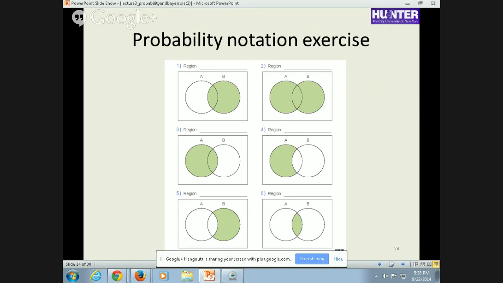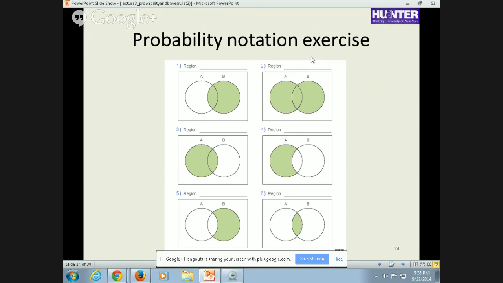As soon as you have one, you can call it out to me, and we'll talk about whether that one's right. So how about this first one? Yeah, the first one's just P of B. That's right. Union. That's right. The second one is union. So this is the right side up U question.